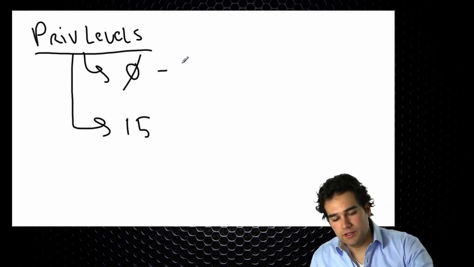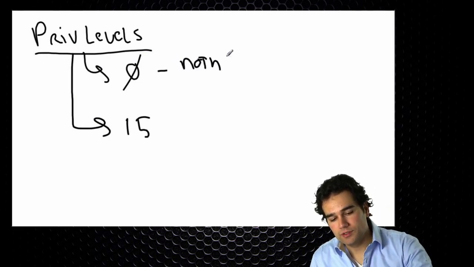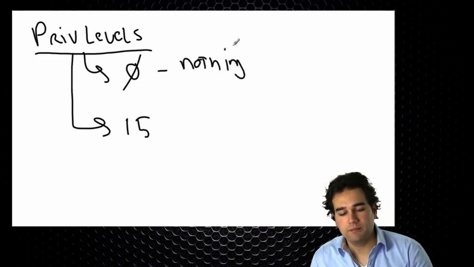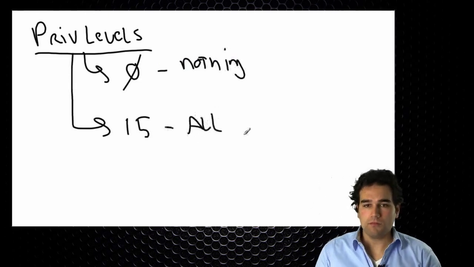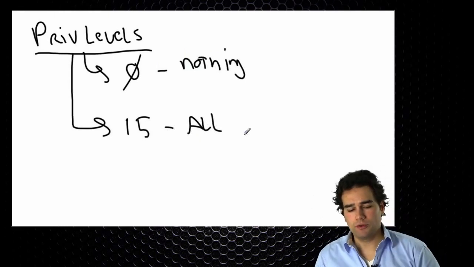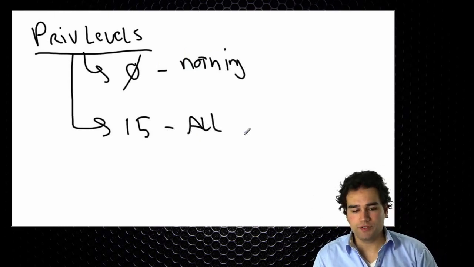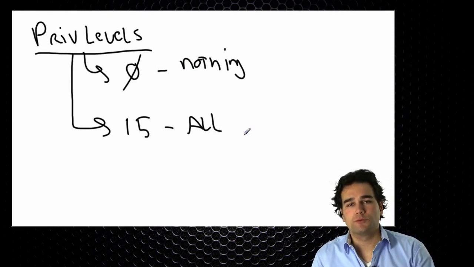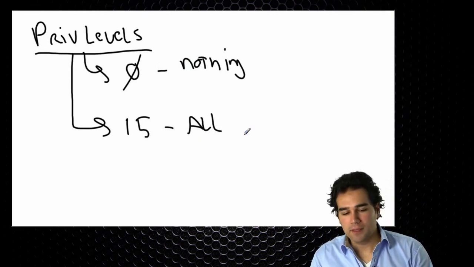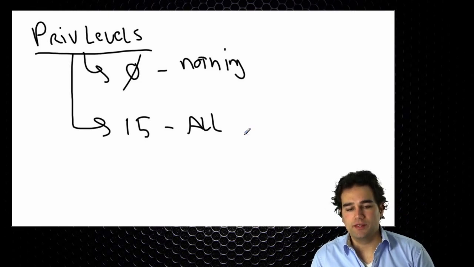So 0 was barely nothing except some very simple show commands and maybe a ping, and 15 was all features. I could create more privilege levels, 1 to 15, and assign certain commands to those privilege levels. So that was the iOS way of doing this.